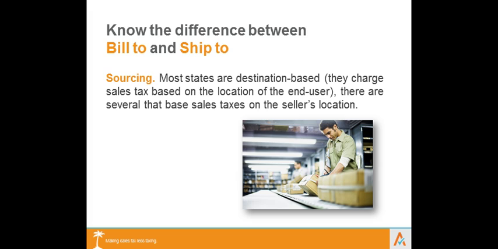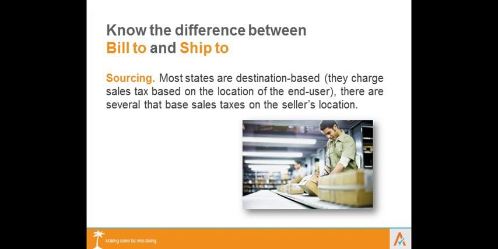The good news is over the last several years, states have moved to a more uniform process around this. Most every state nowadays, or the majority of them anyways, have a destination-based model, which means that when you sell into that state, you're required to collect the tax based on where the product is being shipped to. But there are some outliers.